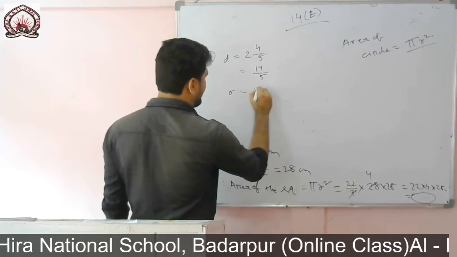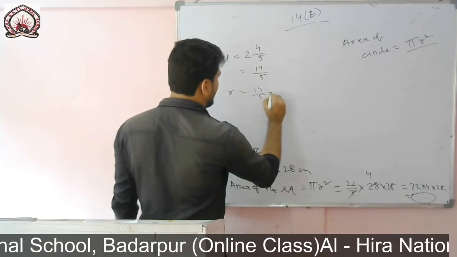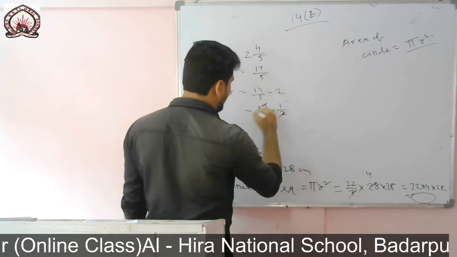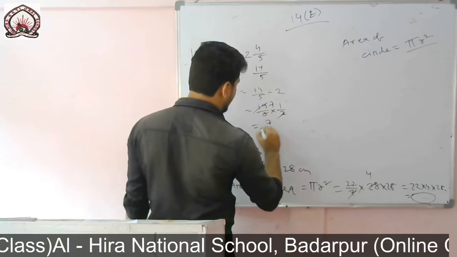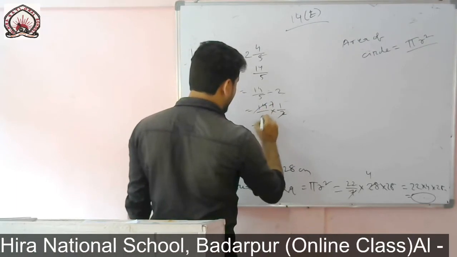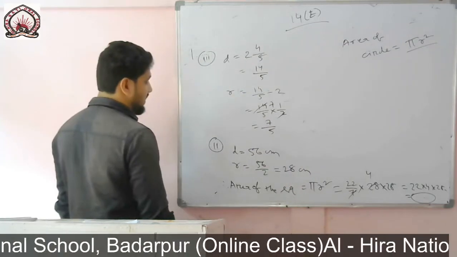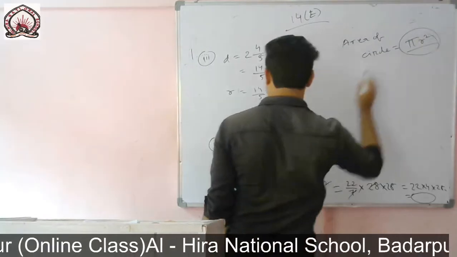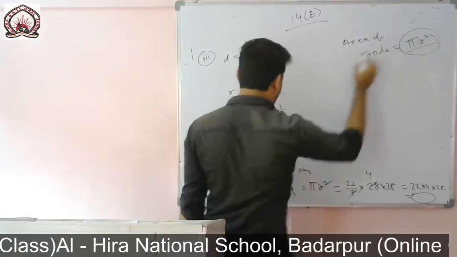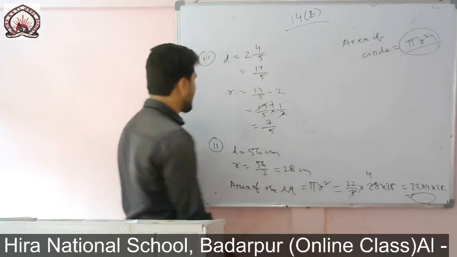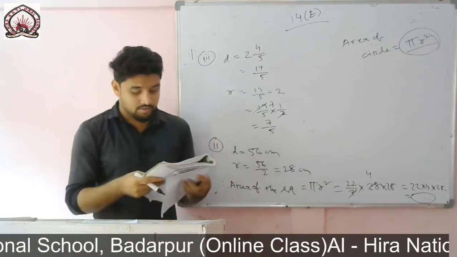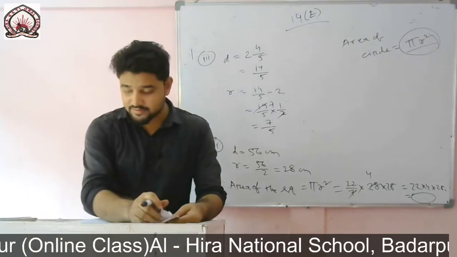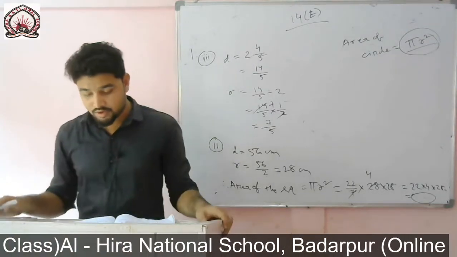Therefore radius equals 14/5 into 1/2, so 7/5. 7/5 is the radius. Now use the area pi r square, put r as 7/5, then you will get the answer. 1 and 2 both are the same, you can do at your home.